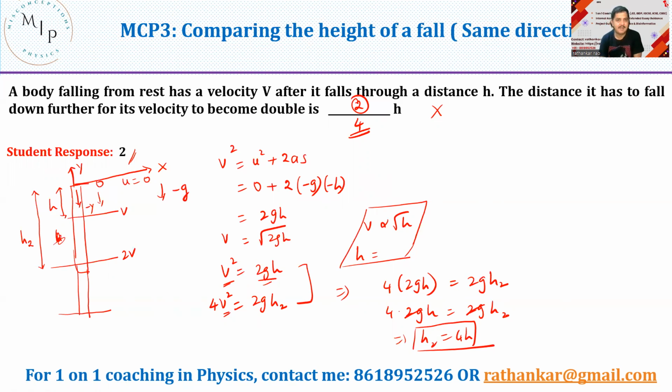That can be applied only when the particle moves with uniform velocity. Here the particle is moving with an acceleration, and whenever there is acceleration, distance is not proportional to time, and not even proportional to velocity.